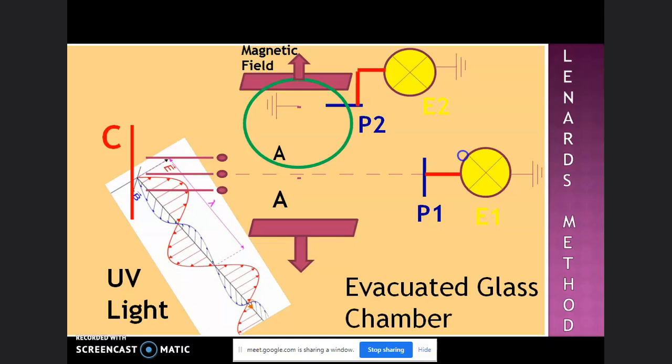So we have to keep in mind that the incident light must have a frequency above the threshold frequency. Above that frequency, electrons are ejected from the cathode terminal. Once filtered UV light having higher than the threshold frequency is incident on the cathode, electron ejection starts. So A is what? Our filter.